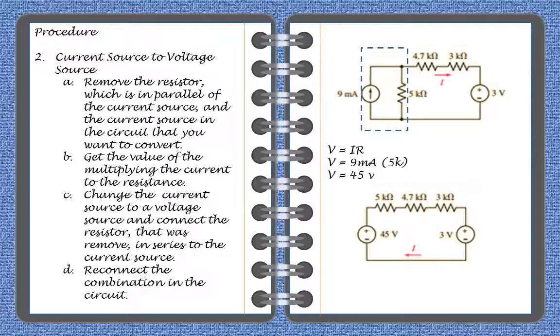So you can use source transformation to convert your current source into a voltage source. And another thing, you may use this method to simplify further complicated circuits.